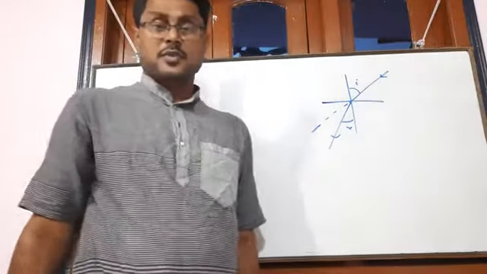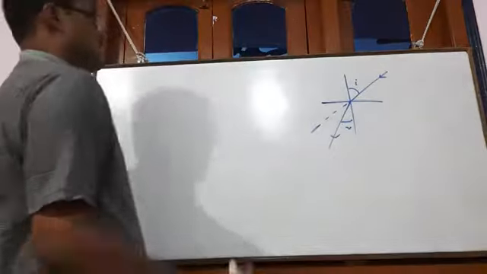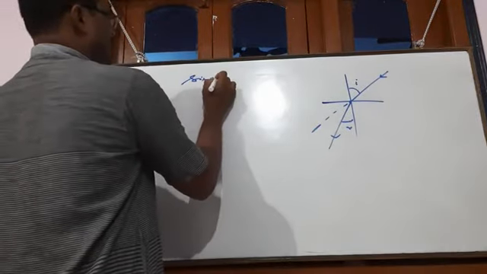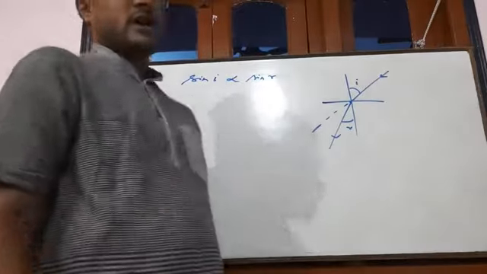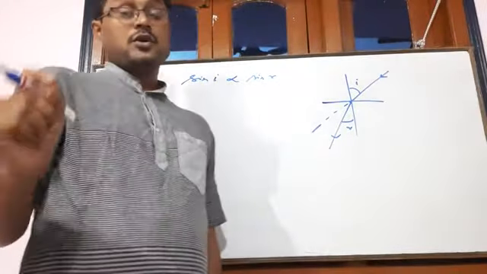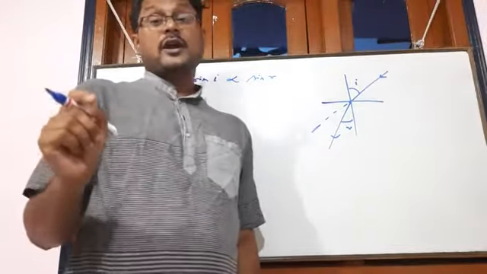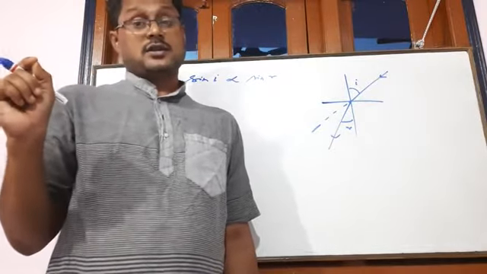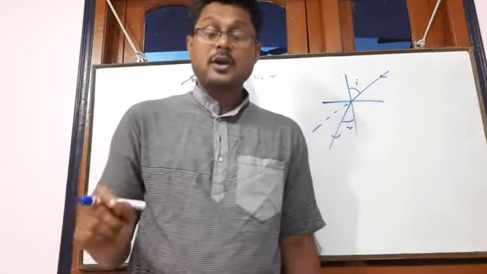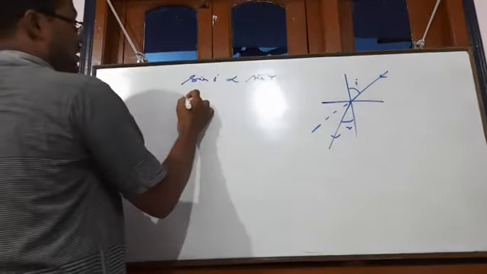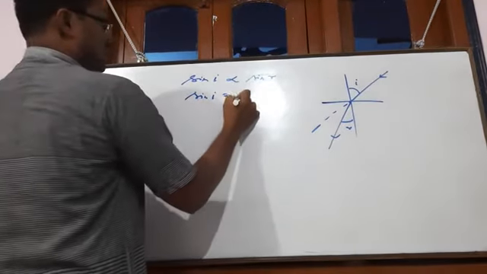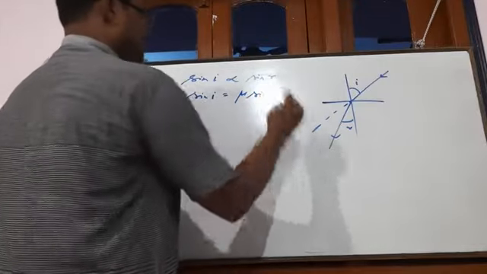It is the reversibility principle. Now we know that sine I is proportional to sine R. But here we have to mention, for two particular media and a particular color of light, sine I is proportional to sine R, or sine I equals mu into sine R.